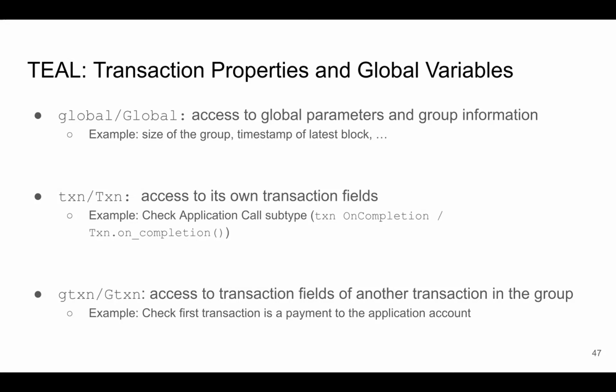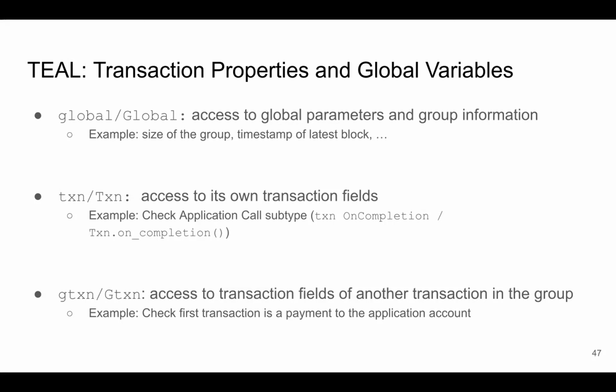Then access to all the transaction properties. For example, you can know whether your transaction was a no-op operation, the default operation, or an update operation, or things like on completion. And access to other transactions in the group. Remember the case where Alice wanted to give money to the application account and call the application at the same time, so the application knows that Alice gave algos to the application account.